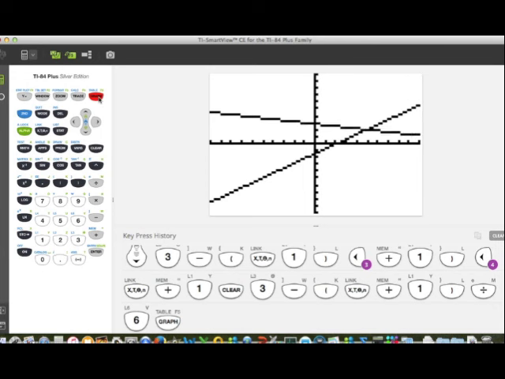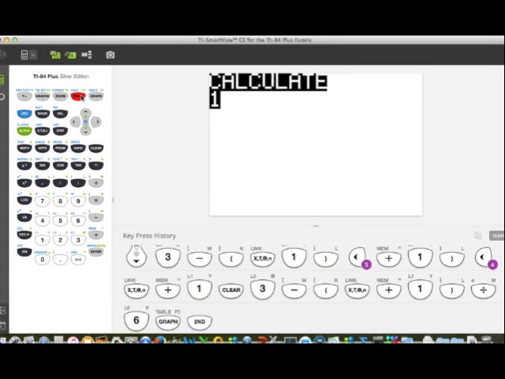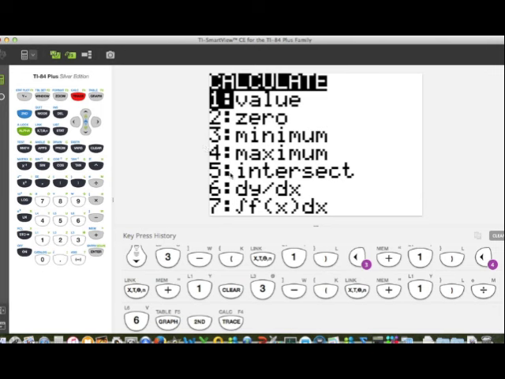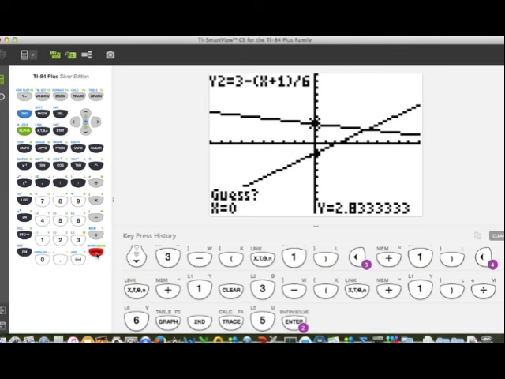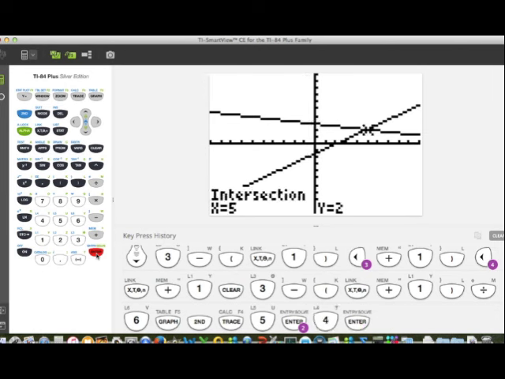And the question is, where do they intersect? So if we go to second, trace, we can say we want number 5, intersect. First curve, enter, second curve. We're going to guess maybe that it's at x equals 4. And we find out it is at x equals 5.